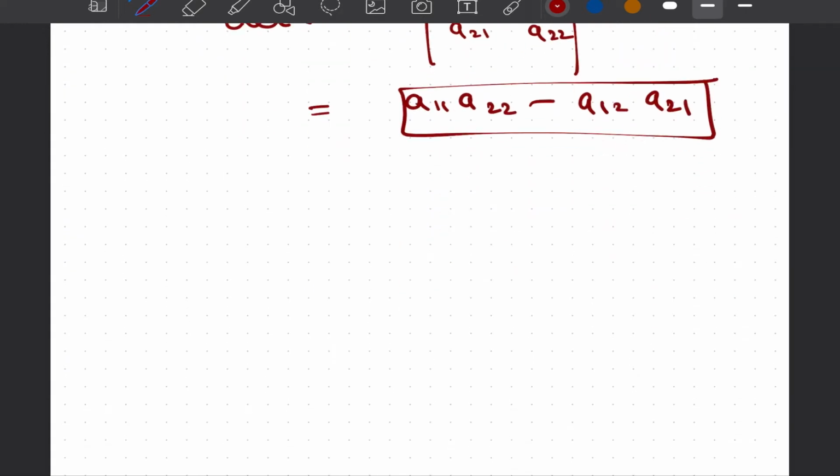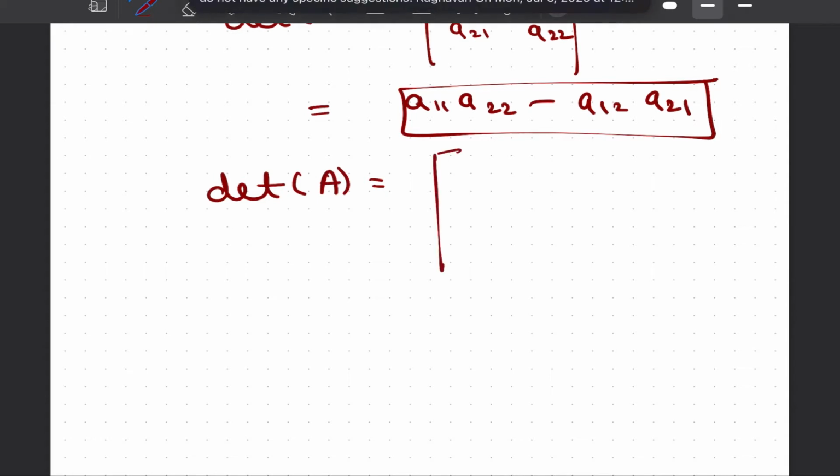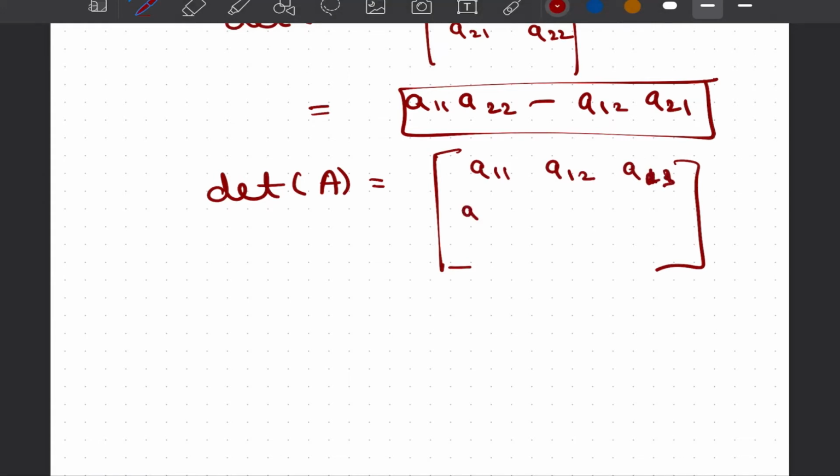Now, when we go to bigger matrices, if we are talking about a 3 cross 3 matrix, let us say A11, A12, A13, A21, A22, A23, A31, A32, A33.